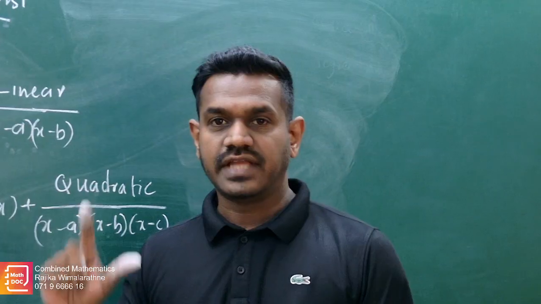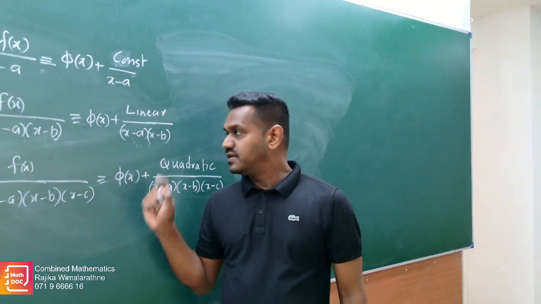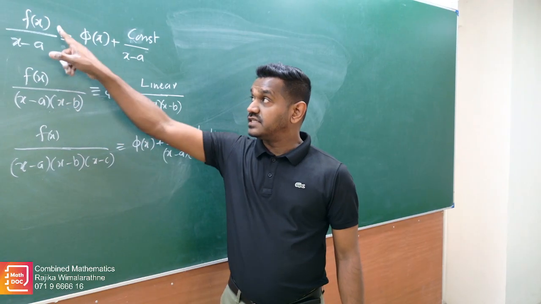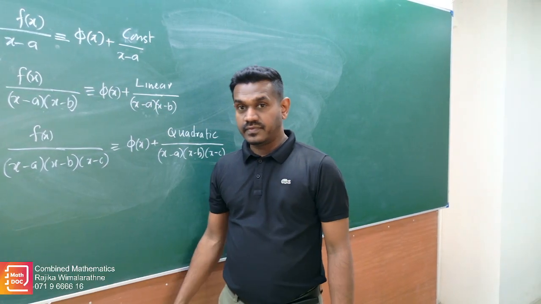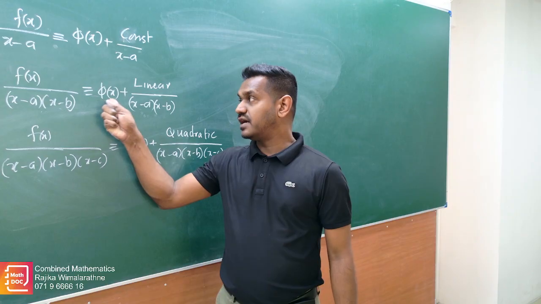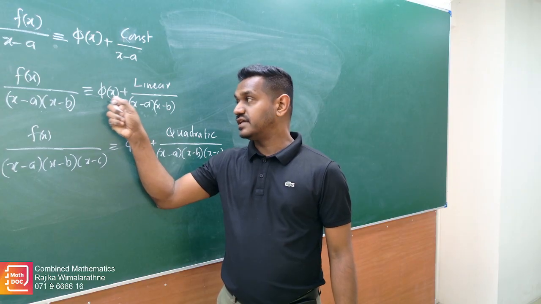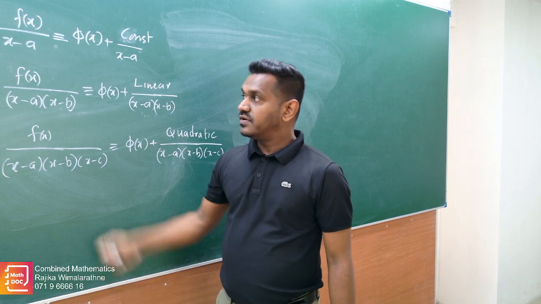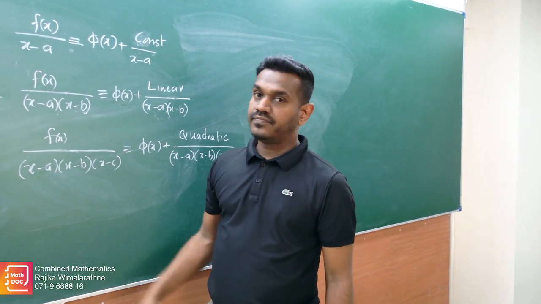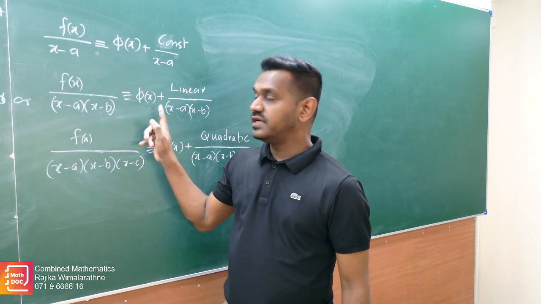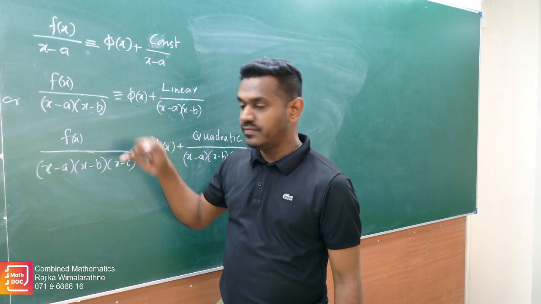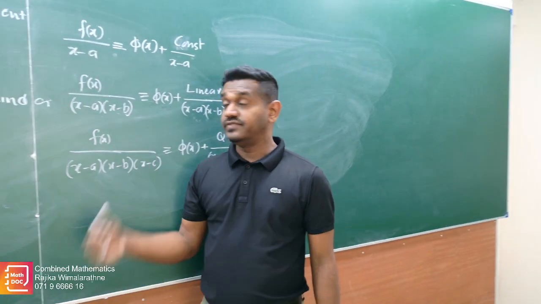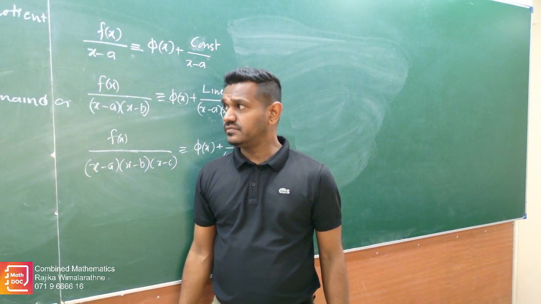So those are the major properties of the division algorithm. Here we still don't know exactly the degree of f(x), no? But if the degree of f(x) is m, then m minus 2 will be the quotient degree in one case, and with degree m, m minus 3 will be the degree of the quotient in the other. That is the division algorithm property.